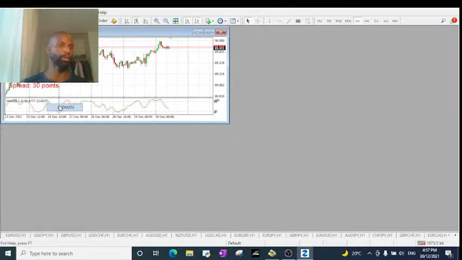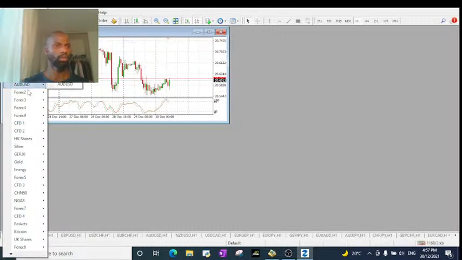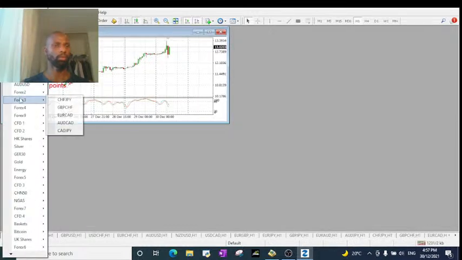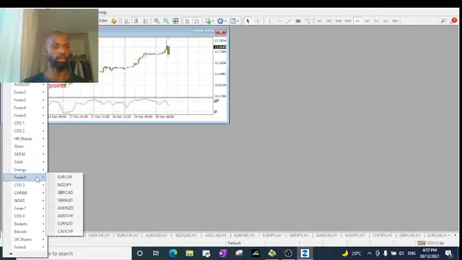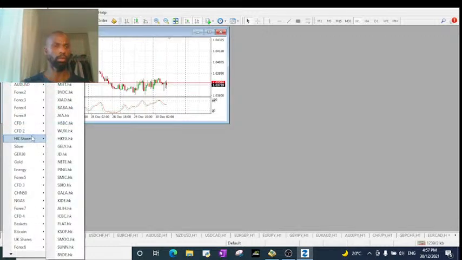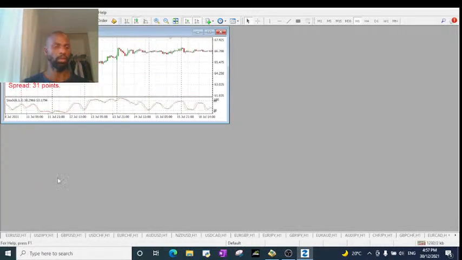US Mexican pesos, US Turkish lira, what else? Euro Swiss franc, NZ yen.